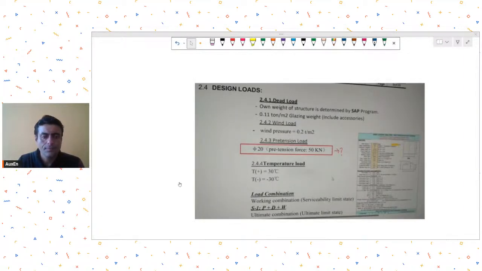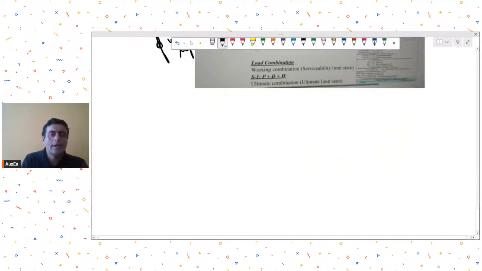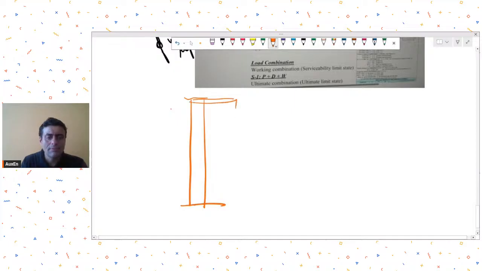It's a screenshot from a design calculation, and this is a facade system made out of wire ropes. So basically, what I understand is that, let's say this is your building envelope, this is your RCC column, and you might have some RCC elements.